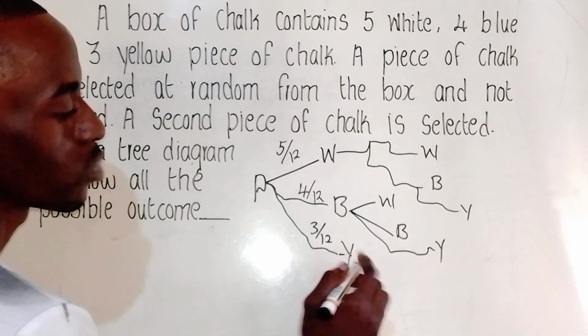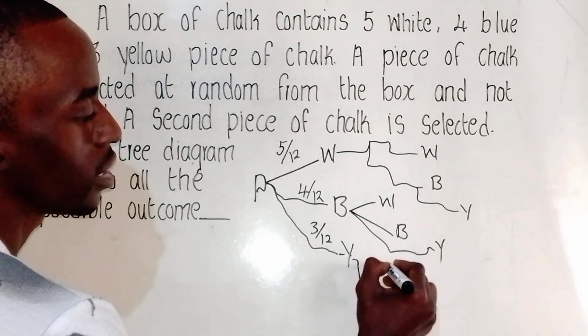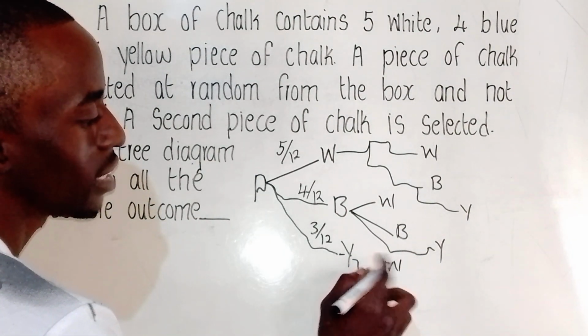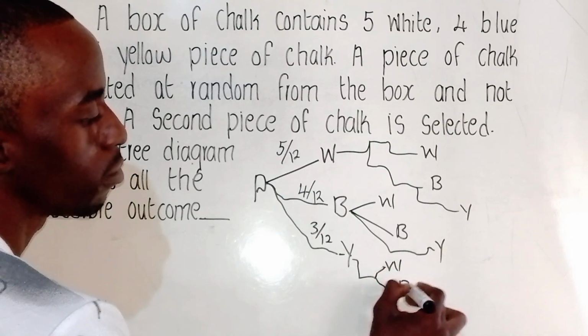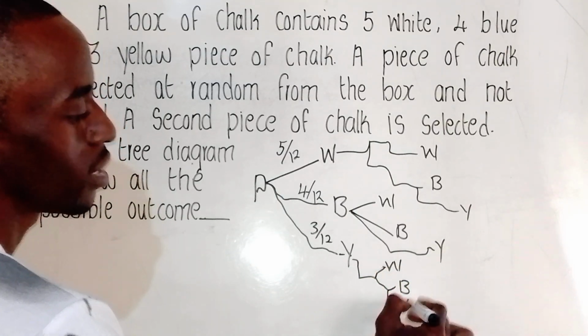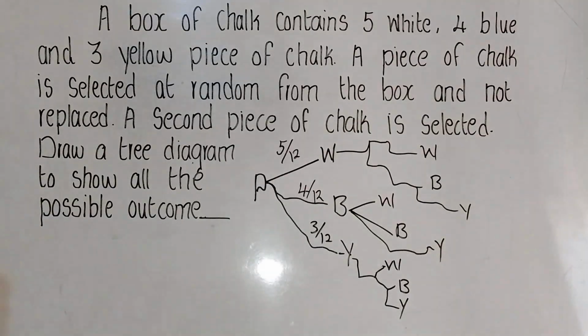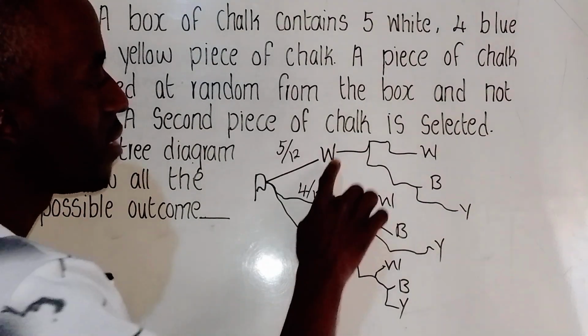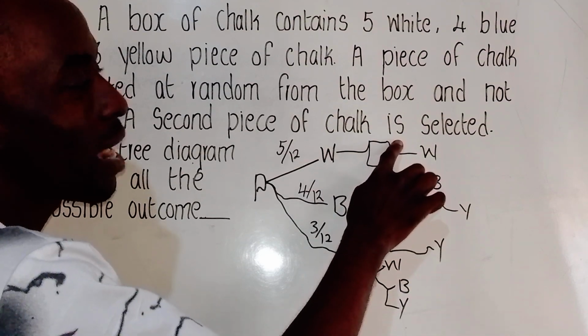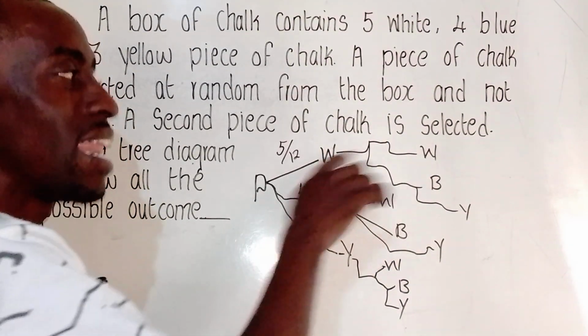Now again we go to the last one: the chances of picking the white, the blue, and the yellow there. I hope you are following. Now we do this here. What are the chances of picking another white?